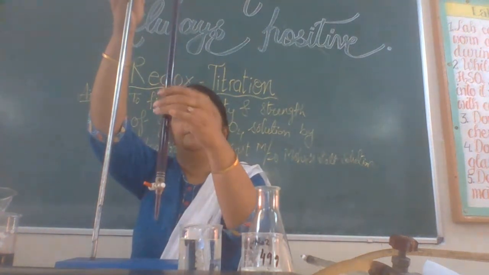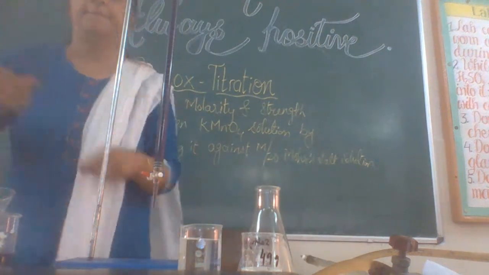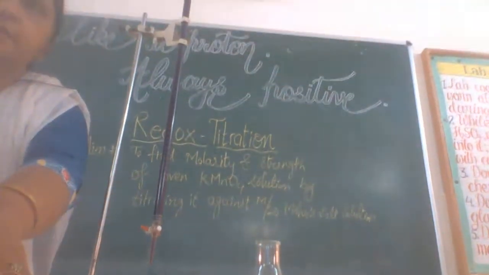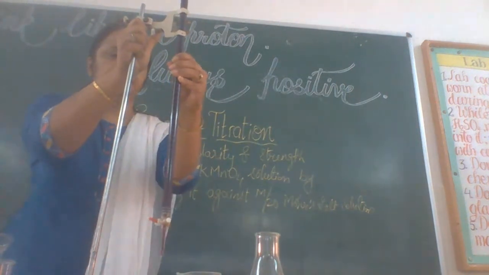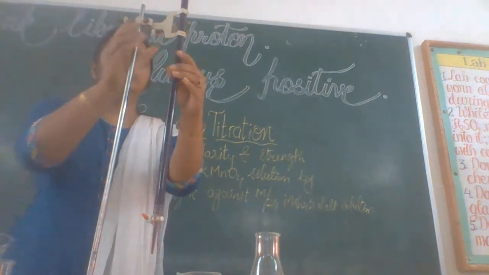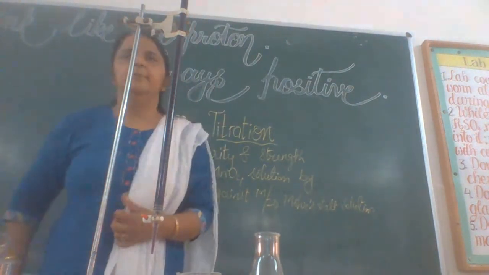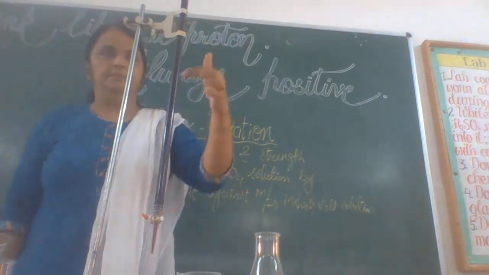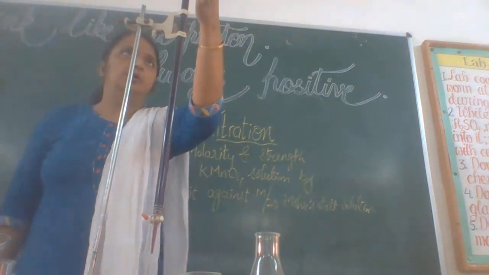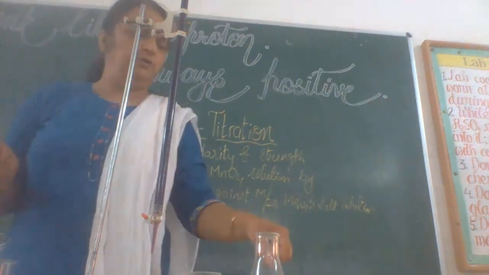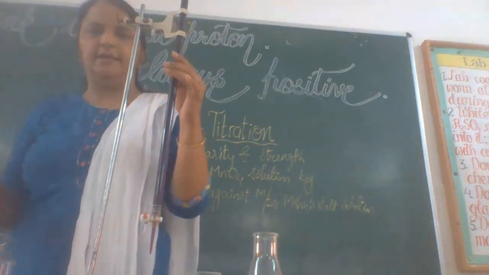After adjusting it like this, as you can see here, you have to adjust this burette in the clamp stand, and now you need to note down the initial volume by taking the reading at the scale present on this burette. I am noting it down, and it is exactly 0.5 milliliter right now.